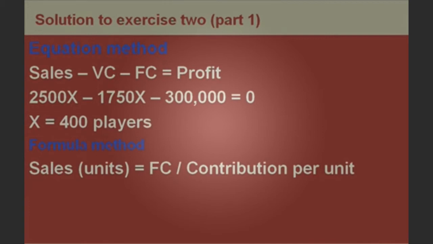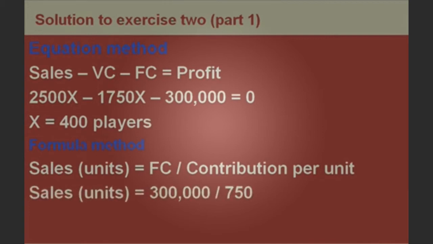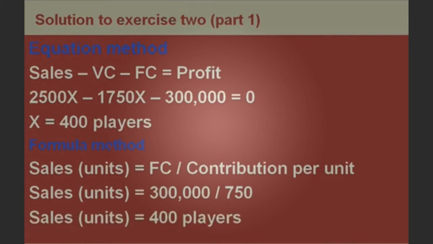Just stick the numbers in, you got it. Fixed cost is 300,000. The contribution per unit is 750. So the answer is 400 players. As I told you, whether you use the equation method or formula method, you get the same answers. Now, let's go on to part 2.